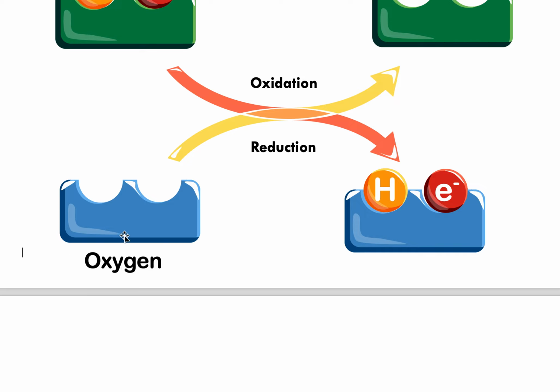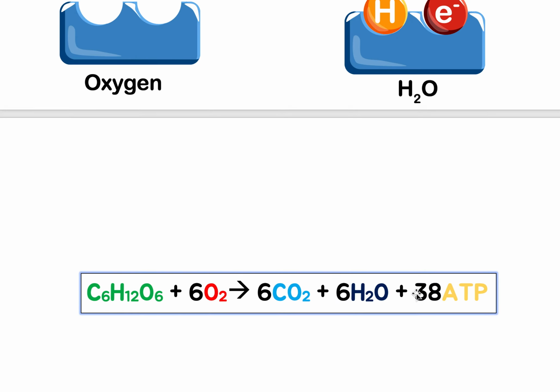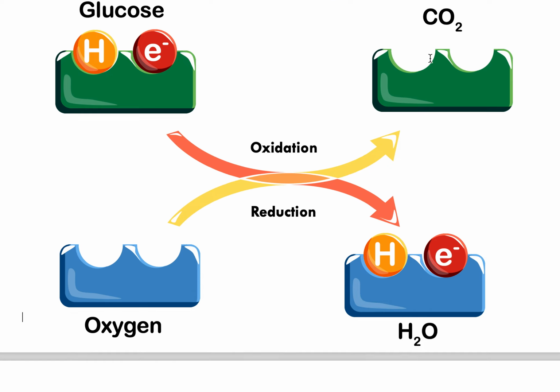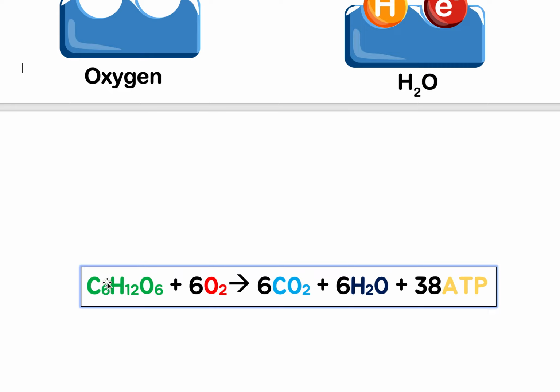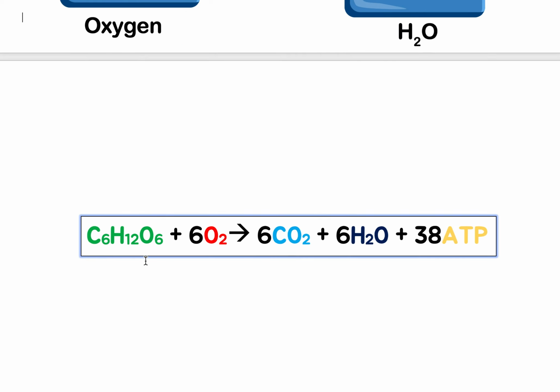Oxygen will now gain all of these hydrogens, because we know oxygen is O2. After it gains all these hydrogens and electrons, we can call it H2O. In the process, glucose got converted into carbon dioxide. Glucose has carbon, hydrogen, and oxygen, but it lost all its hydrogens through oxidation, so now it's just carbon dioxide, with only carbon and oxygen.